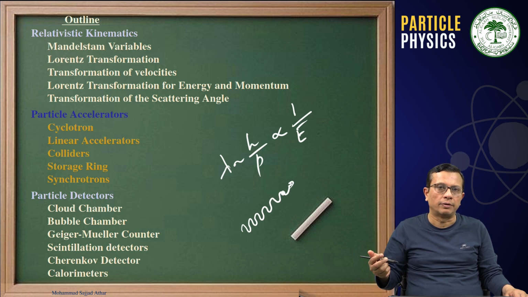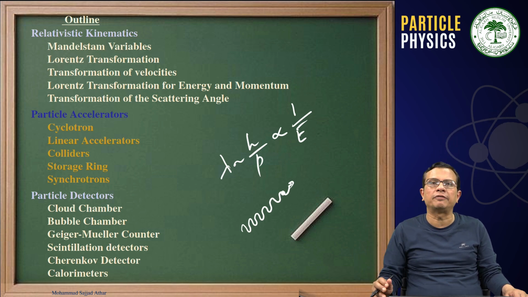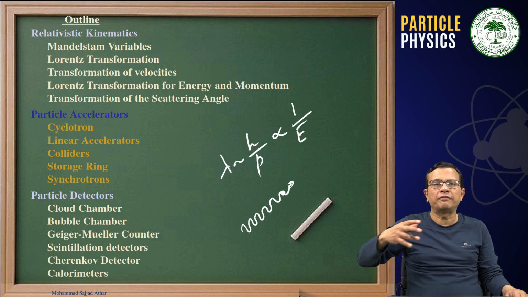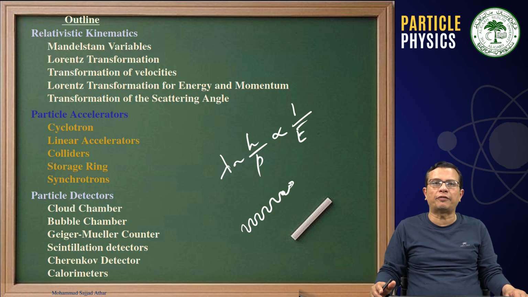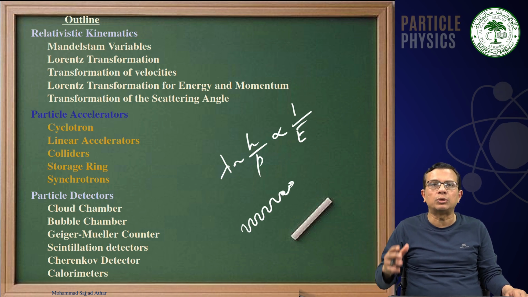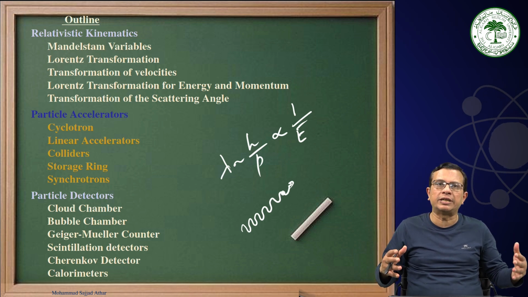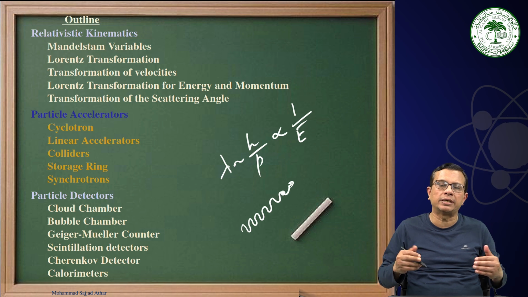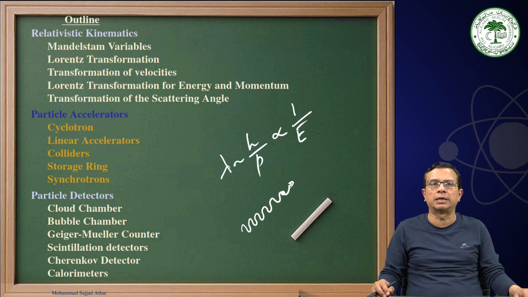This is what we have seen, starting from 120 years ago till now. We have gone from a few keV of energy to MeV, to GeV, and today we are talking about 7 trillion electron volts at the Large Hadron Collider at CERN.